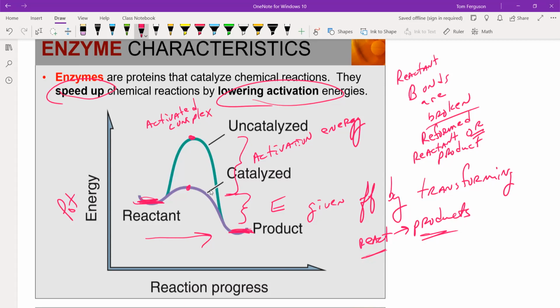Okay, so basically everything comes apart of the reactant bond-wise. We end up with this pool of unbonded atoms that are very high energy, very unstable, that want to become more stable. There's two ways to become more stable. You can reform the reactant, or you can reform the product. Depending on this difference in stability between reactant and product will be a ratio.